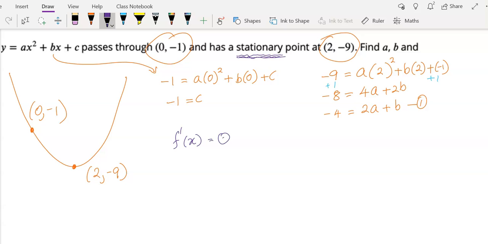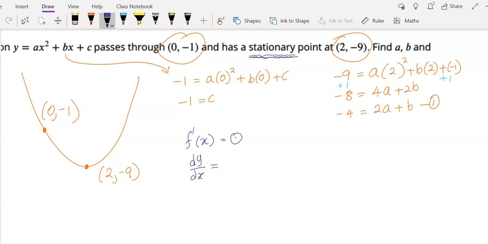So if I were to calculate the derivative, in this case dy by dx, another notation here, x squared becomes 2x, therefore ax squared becomes 2ax, plus b times the derivative of x, which is just b. Now this is 0 at that point, which is 2, -9.